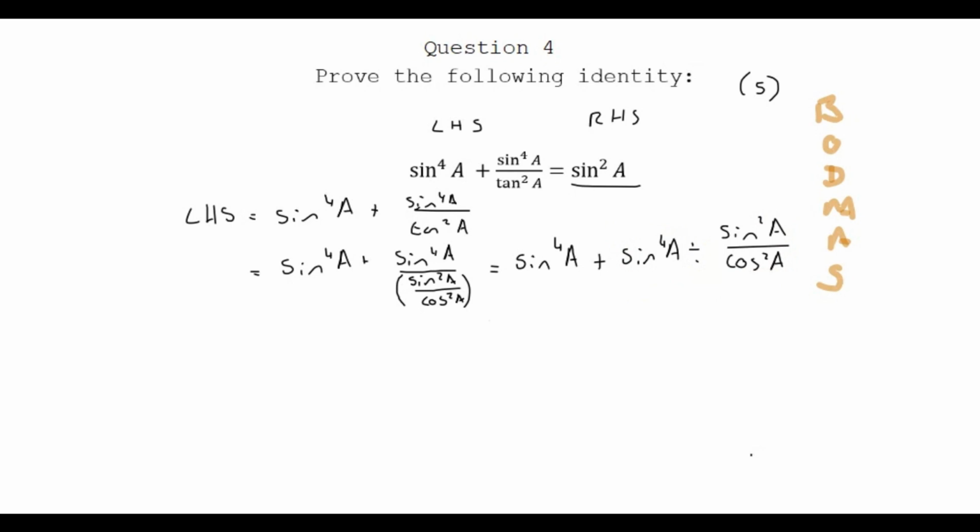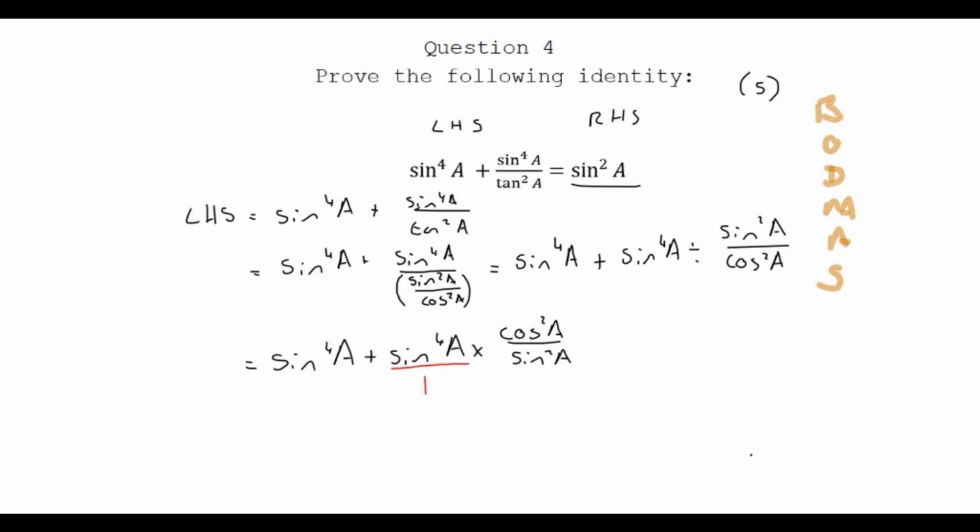Let's carry on here at the bottom. So we have sine to the power of 4 of A plus sine to the power of 4 of A multiplied by cos squared A over sine squared A. Now you see something cool pop up. Those of you who've noticed it, apply it along. To those who haven't, let me show you.